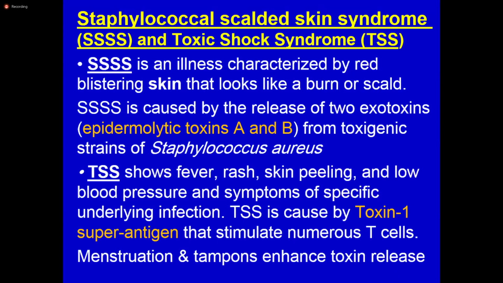This condition can be triggered by menstruation or infected tampons, which can enhance toxin release from Staphylococcus aureus. So different categories, I would like you to pay a lot of attention to these two clinical categories caused by Staphylococcus aureus.